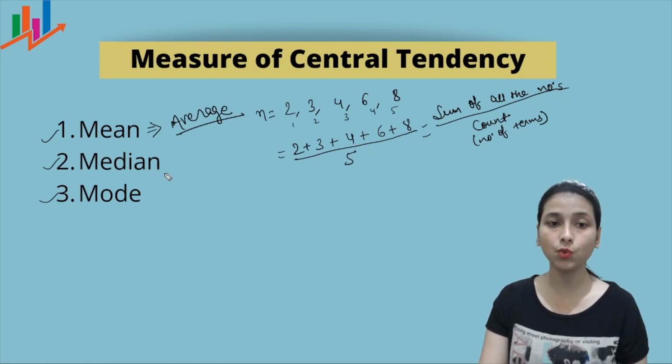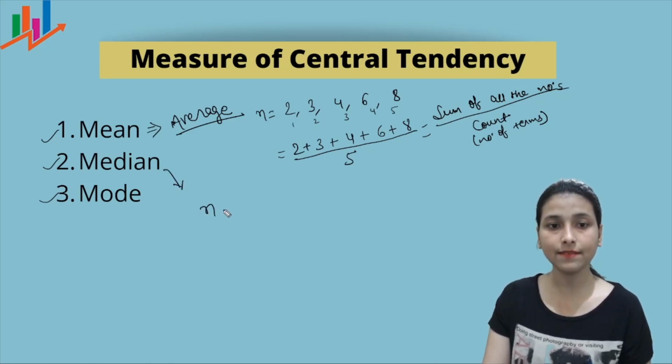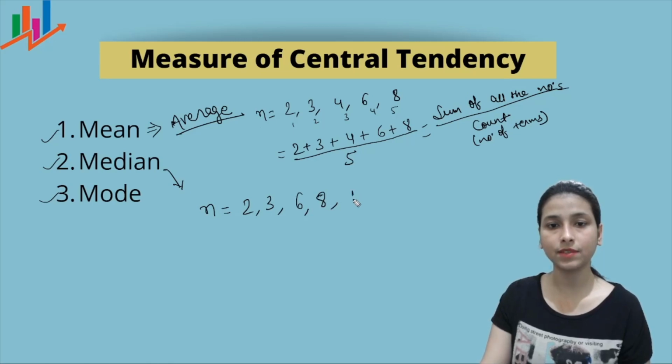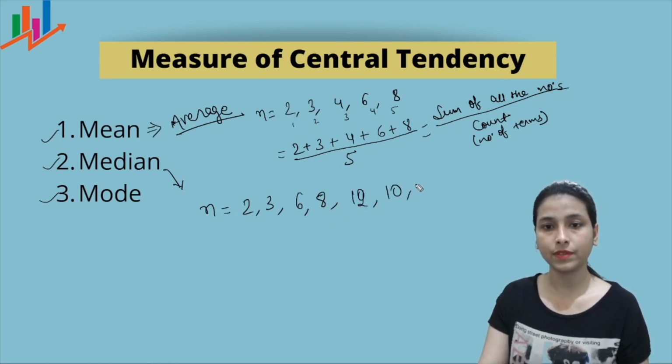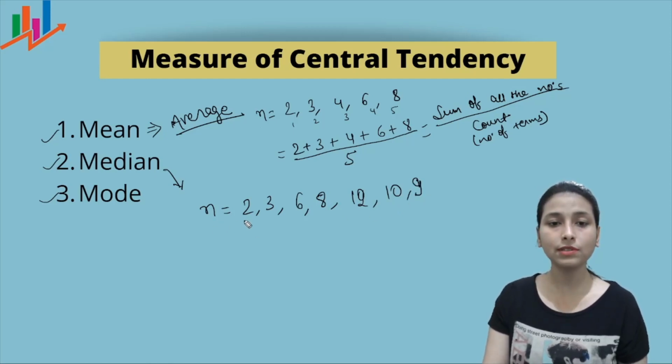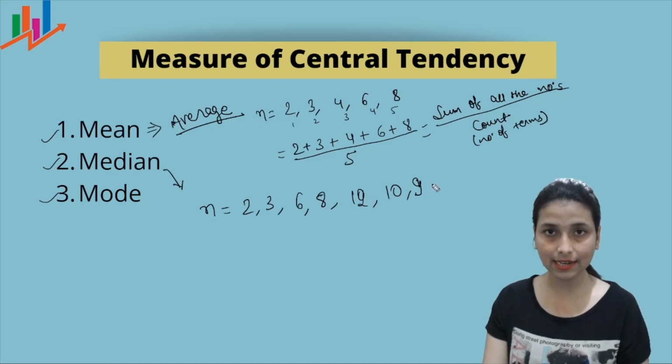Now moving towards what is median. Let's take some data. Suppose N is equal to 2, 3, 6, 8, 12 and 10. Let me take one another value as 9. Suppose these are the data that I have.